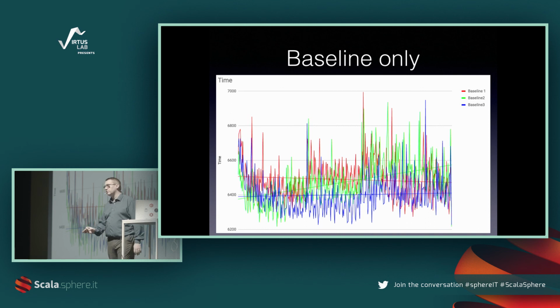The same code, not recompiled, not touched in any way, just restarted later, has run about 2% slower. So remember, I'm trying to check a 0.2% change, and I've run exactly the same code again, and I've got a 2% difference in performance.